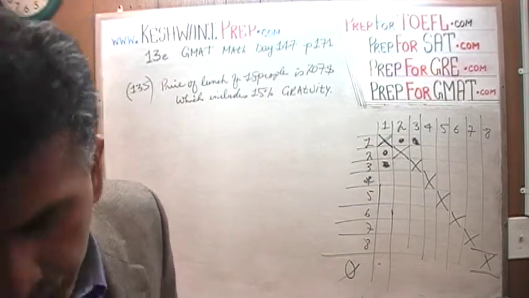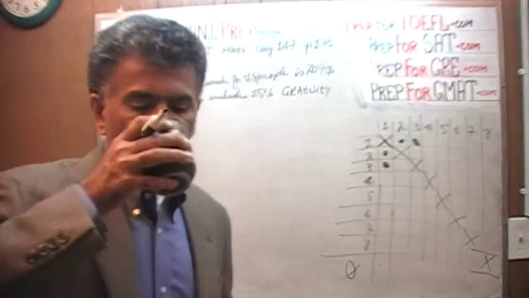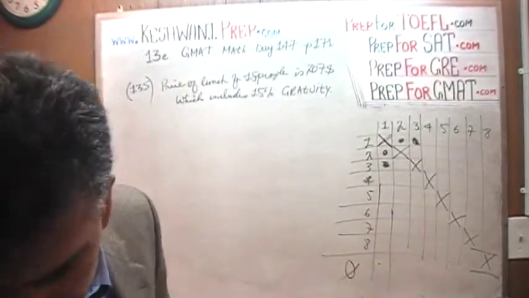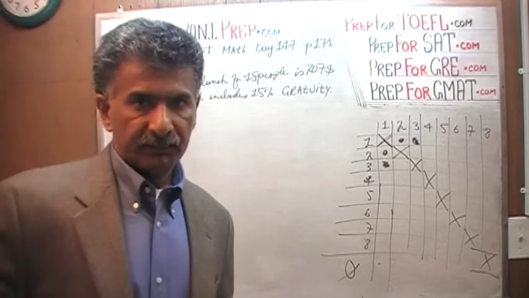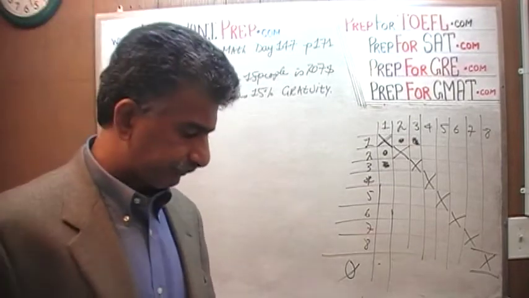It includes a 15% tip. The $207 is the price of the meal for 15 people plus the 15% on top of it.